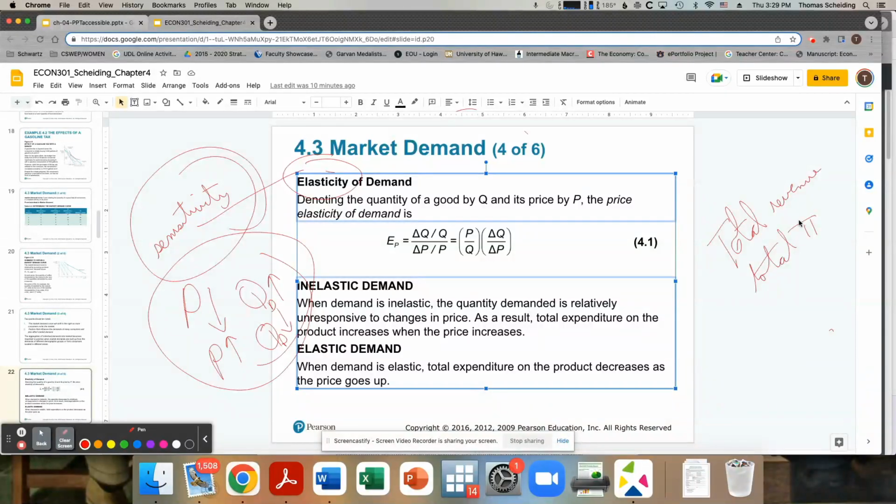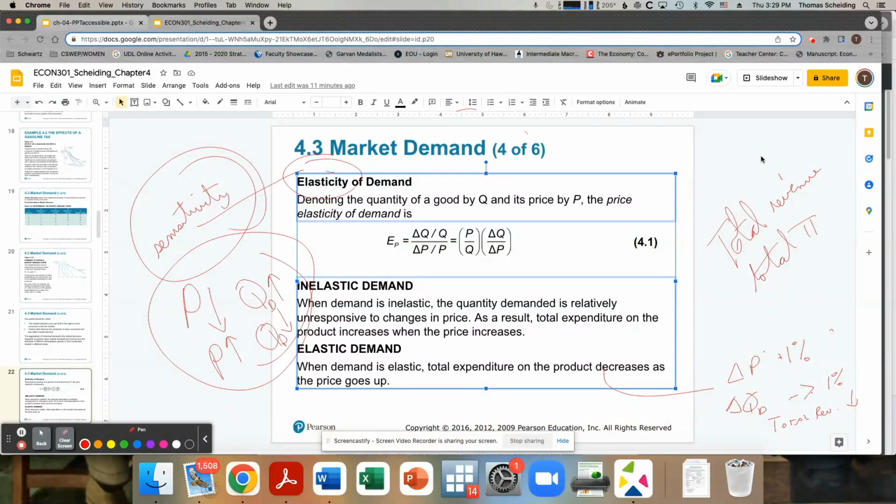which means that if I change the price by 1%, the quantity demanded falls by some amount greater than 1%, which would mean that in terms of total revenue, my total revenue would fall.